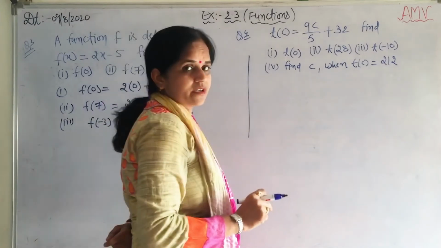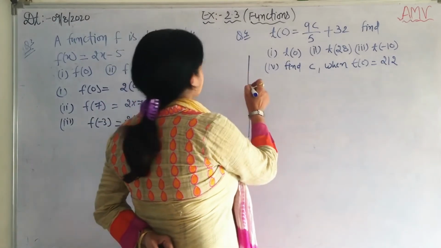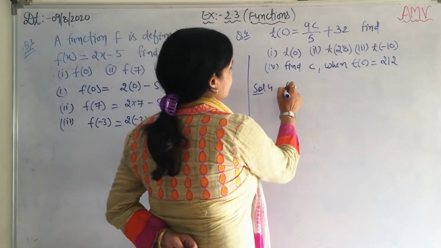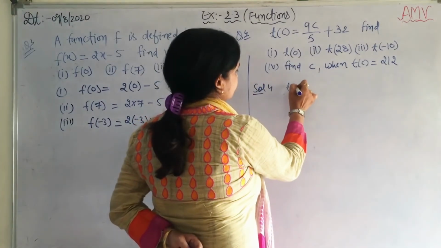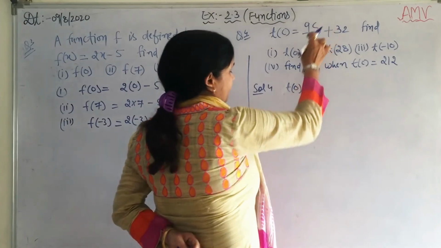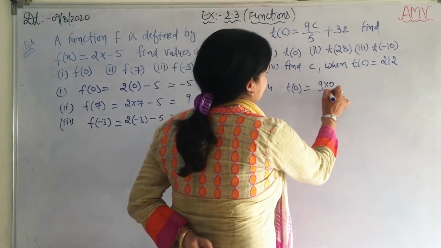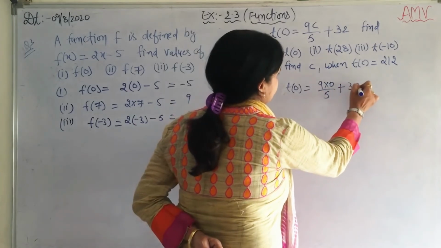Question number 4 is also same as question number 3. So for this, first T(0). So replace C by 0. Here 9 by 5 plus 32.